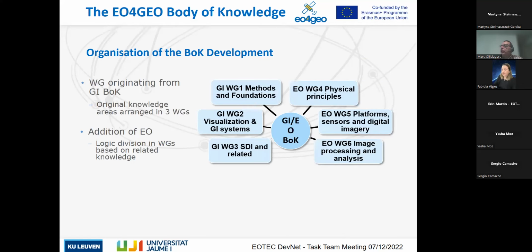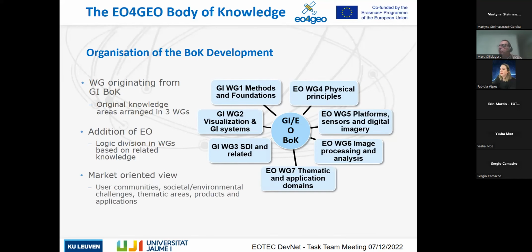We had three working groups that covered different aspects of Earth observation, so physical principles, but also platforms and sensors, digital imagery, and so on. And we had a separate working group that covered the thematic and application domains, which more focus on the user uptake of all the technologies and so on that is described in other concepts.